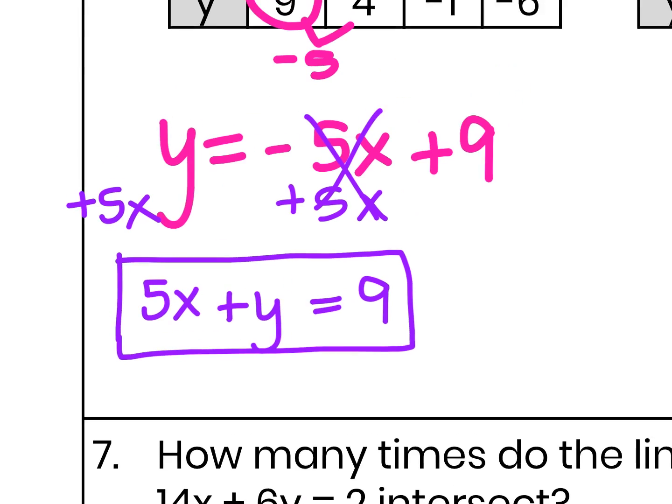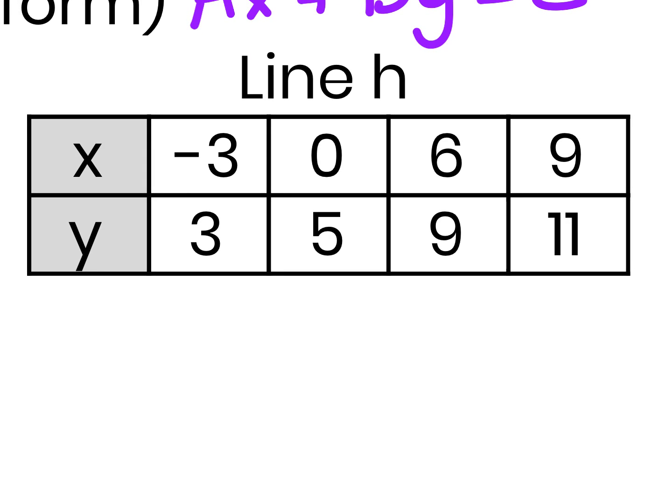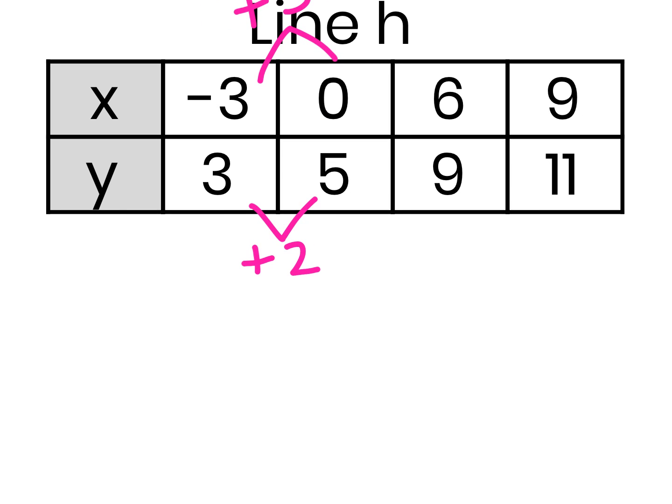Okay, so now let's look at the other table for line H. I need to find my slope. So from negative 3 to 0, they had to add 3. From 3 to 5, they had to add 2. So my slope would be 2 over 3.